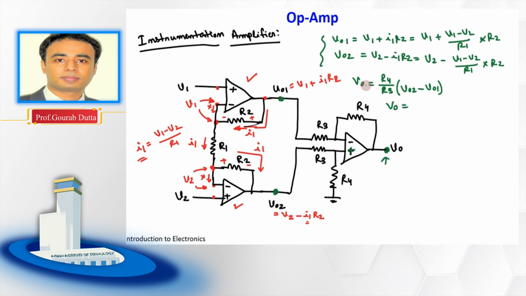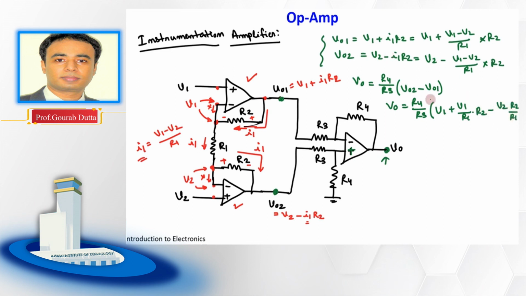So it is straightforward now, right? We have a relation between V output and V output 2 and V output 1, and both we can write in terms of the input voltages and resistances, isn't it? So I request you to please put the values here. This R4 by R3, for example, this V1 plus V1 by R1 into R2 minus V2 R2 by R1.